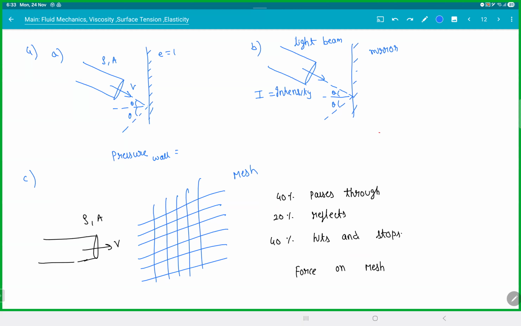So instead of a proper plate, you made a mesh. 40% passes through, 20% reflects, and 40% hits and stops. Then what is the force on the mesh? The water jet is coming along the normal only.